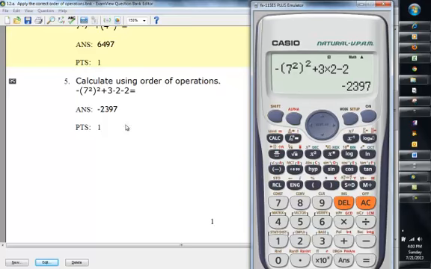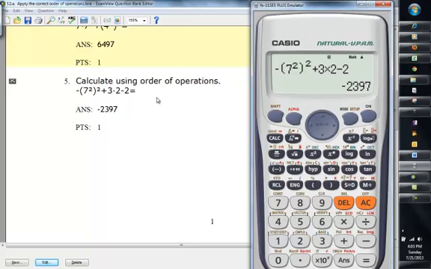And you get negative 2,397. So in this case, it did the inside the parentheses first, then it squared second, then it multiplied by negative 1/3, then it multiplied 3 times 2/4, they added it fifth and subtracted sixth.